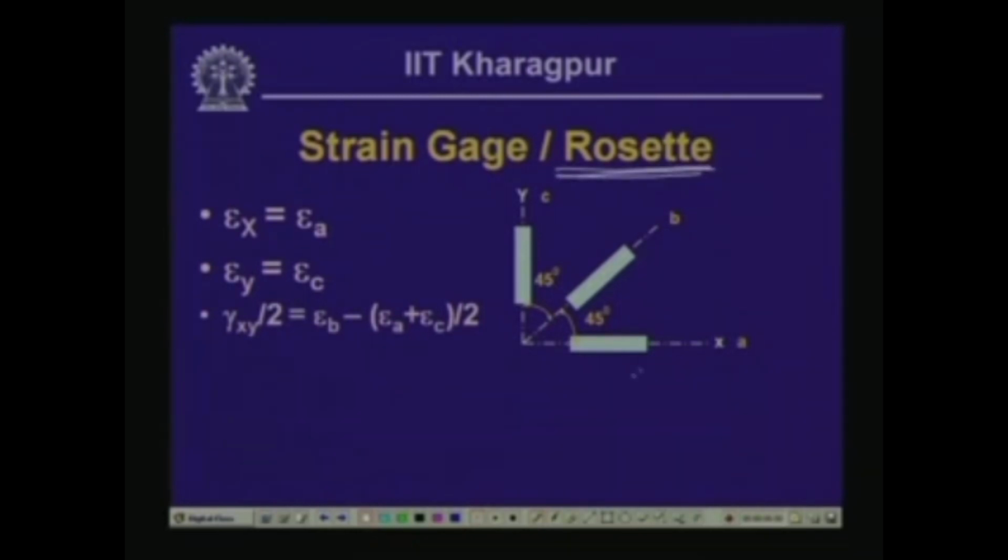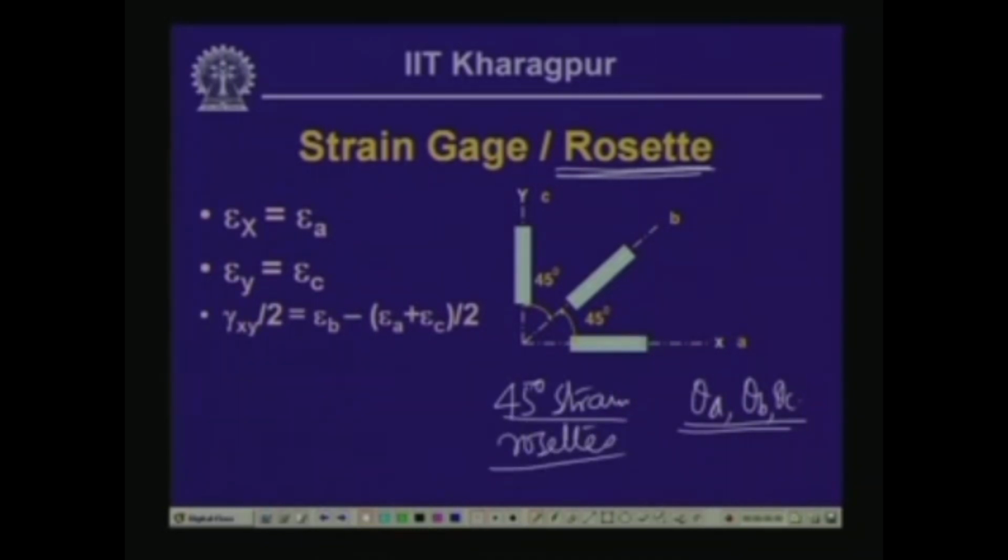Now, these angles which I had shown as theta A, theta B and theta C can be chosen according to our own convenience, and normally used angles are 45 degree or 60 degree. Now, this is called a 45 degree strain rosette. Here, the two angles used are theta A is 45 degree and theta B is 45 degree again.